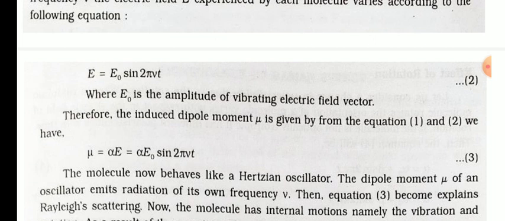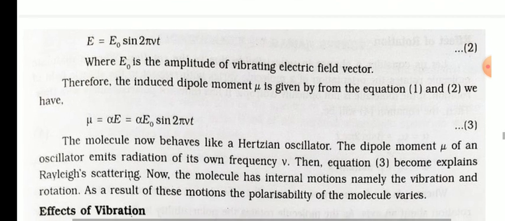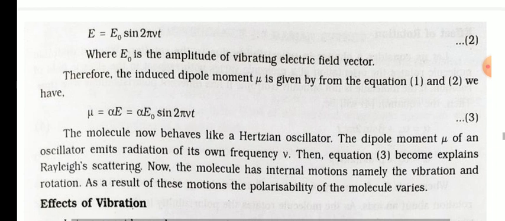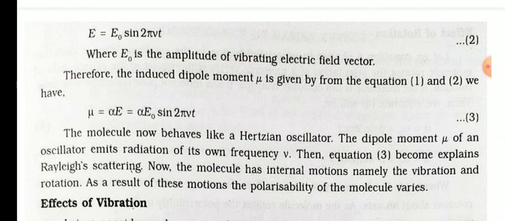The molecule now behaves like a Hertzian oscillator. The dipole moment mu of an oscillator emits radiation of its own frequency nu. Then equation number 3 explains the Rayleigh scattering.